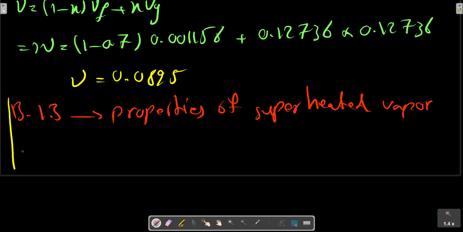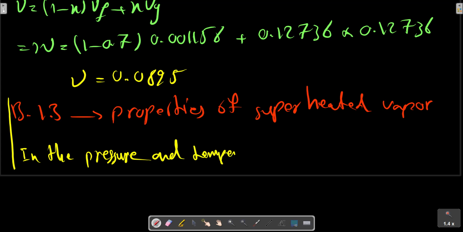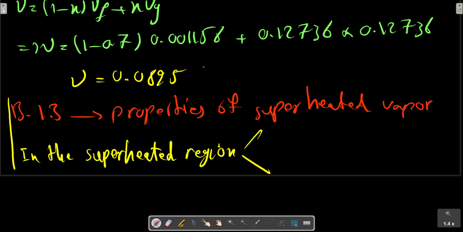So we have a note here. Excuse me, in the superheated region, pressure and temperature are independent properties.